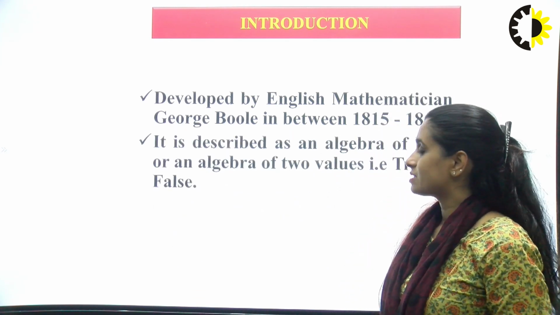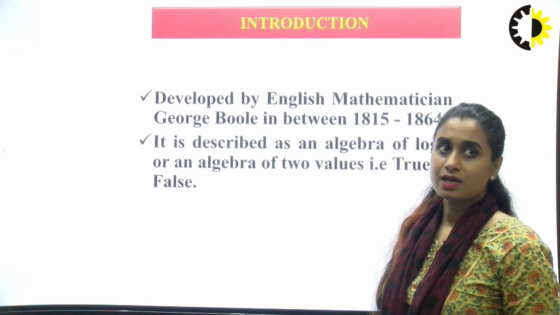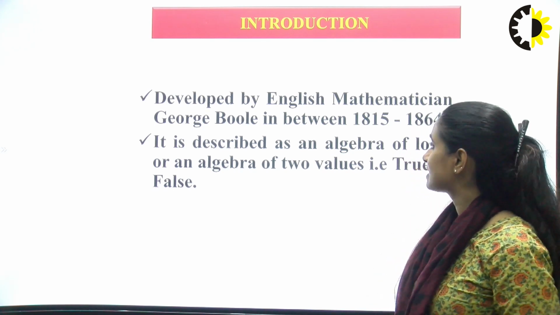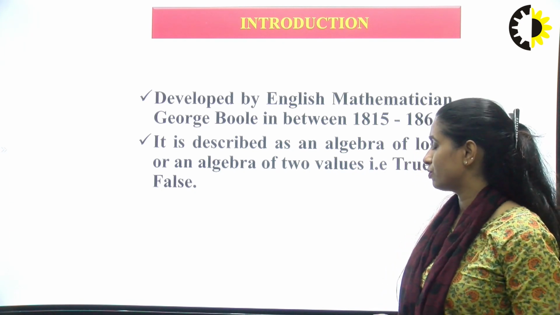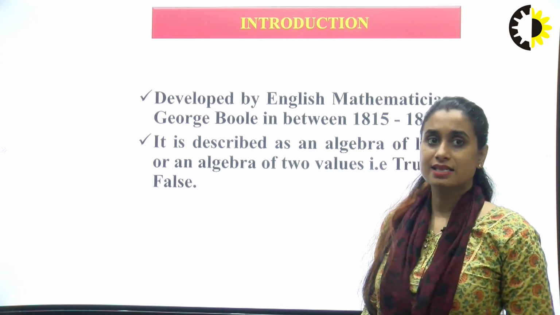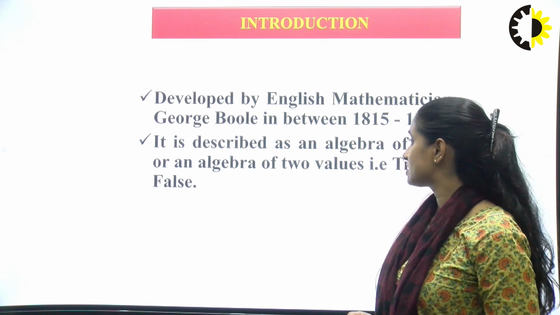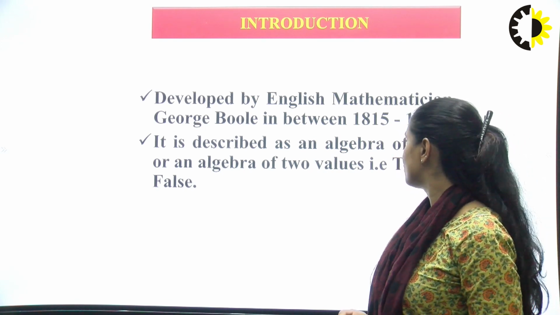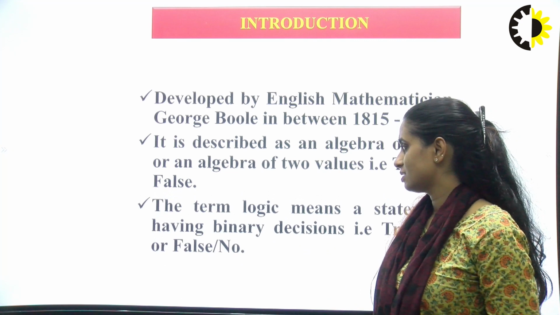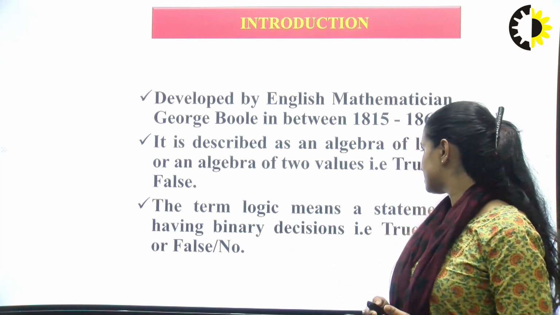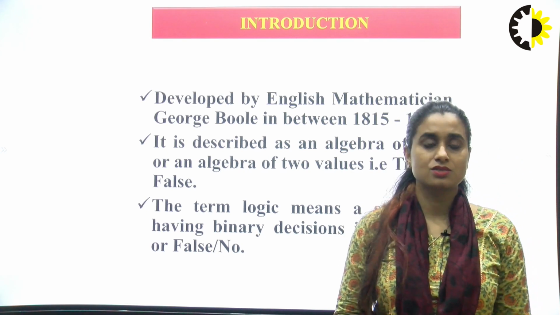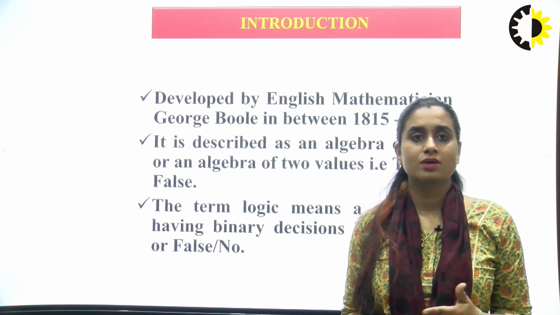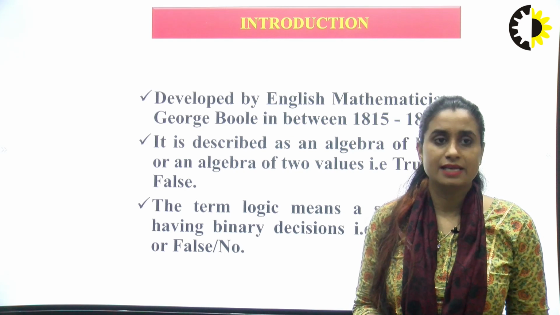So, what are logic gates? What do we mean by Boolean algebra? It was developed by English mathematician George Boole between 1815 and 1864. It is described as an algebra of logic or an algebra of two values, that is true or false. The term logic means a statement having binary decision, that is false or no, true or yes.